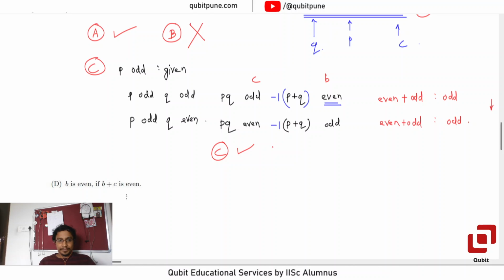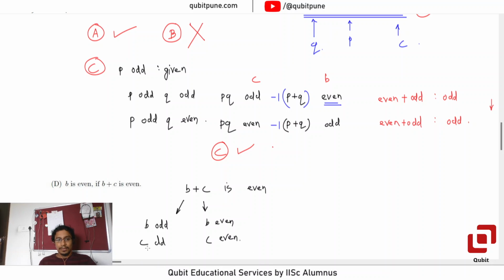See, look here. Got it, sir? Got it? देखो. It is given that B plus C is even. Now, what does it mean B plus C is even? B plus C is even means B odd, C odd, or B even, C even.